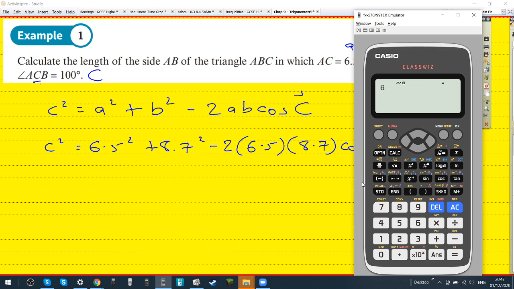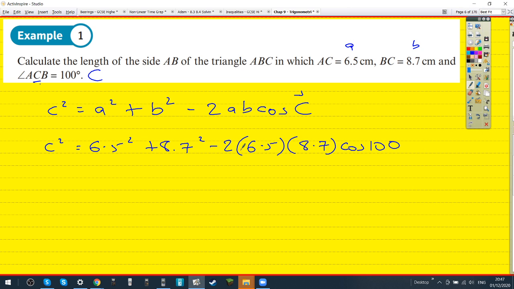I got c squared equals 137.5796089. Okay. And then you square root it. Use the answer button. Yep. So c equals 11.72943344.